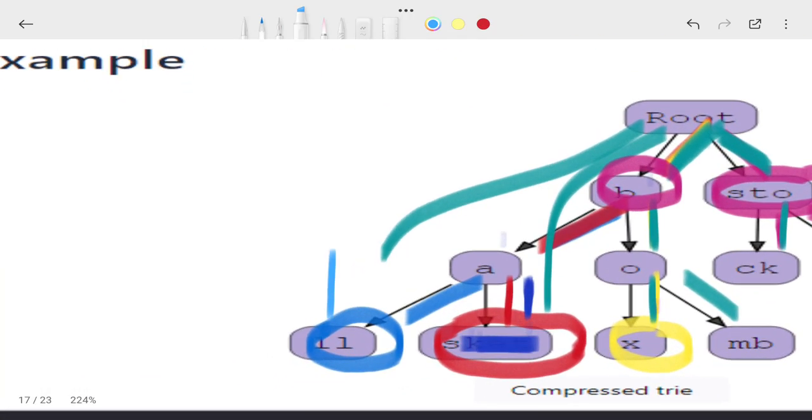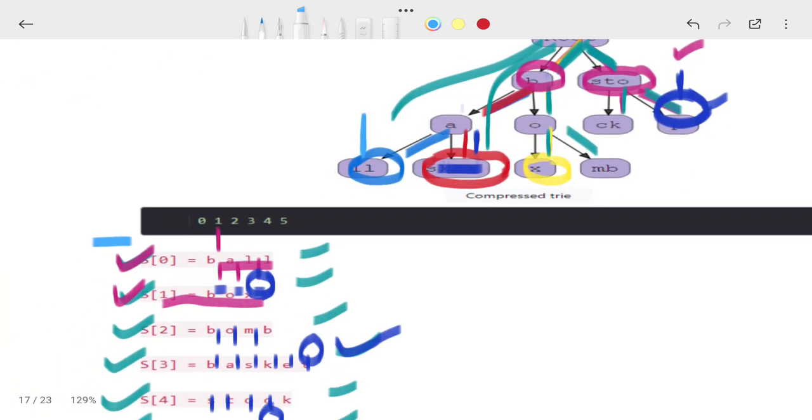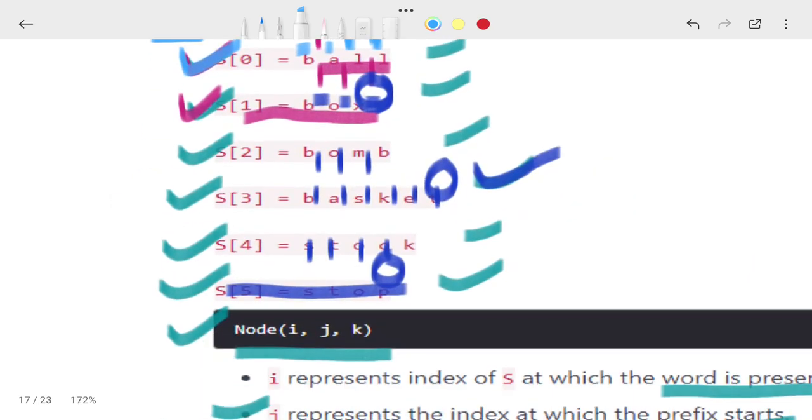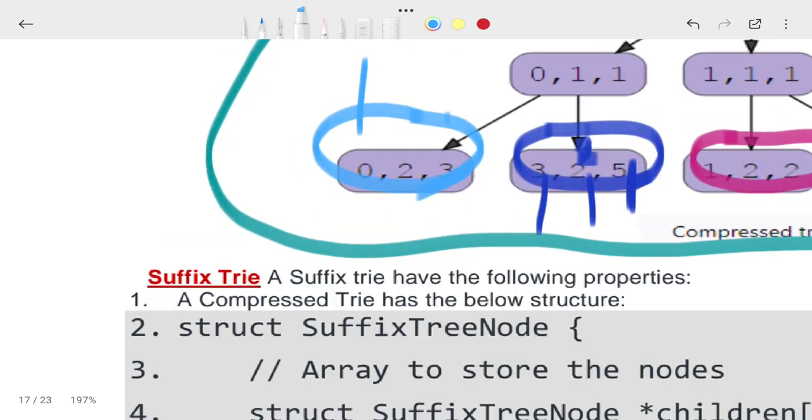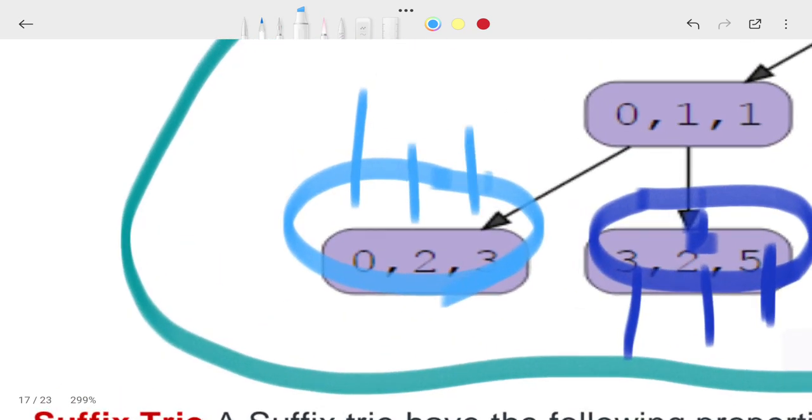I am searching LL. In BALL, 0, 1, 2, 3, LL starts at 2 and ends at 3. So 0, 2, 3. Start and end. I think that now you can understand.